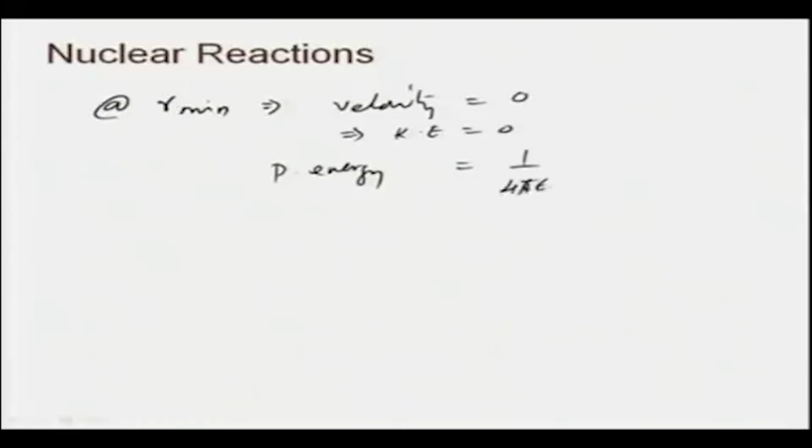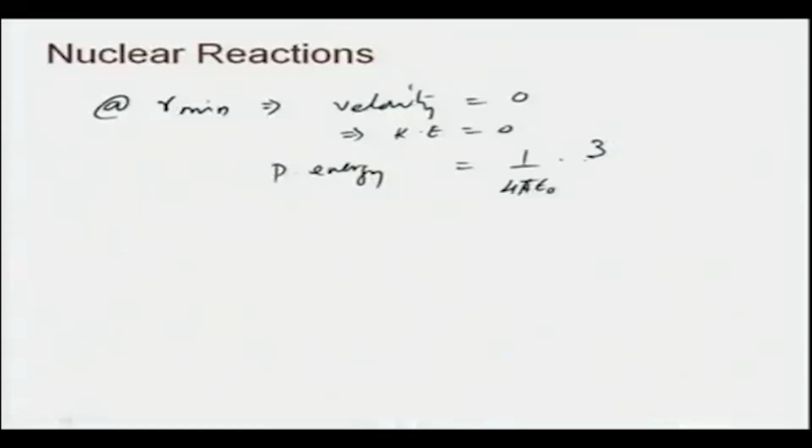Let us take a light nucleus with small z number of protons in it; for alpha particles, small z is equal to 4, and let us say the target nucleus has capital Z number of protons.